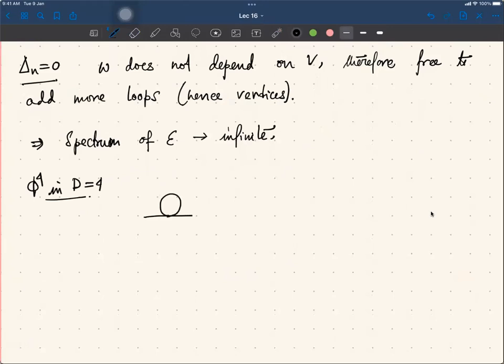this is a primitively divergent graph, and we will add a loop on this.